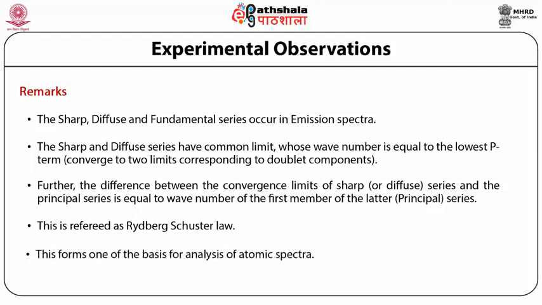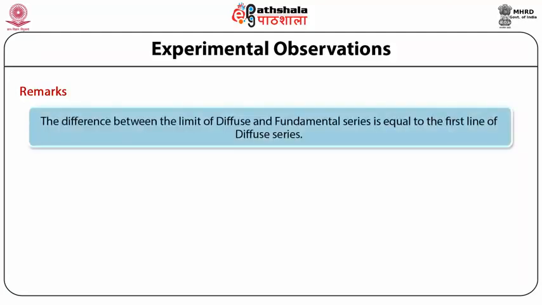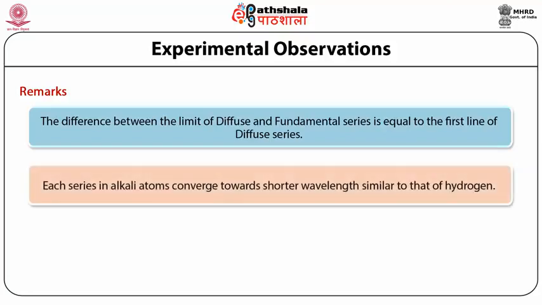This forms one of the bases for analysis of atomic spectra. The difference between the limit of the diffuse and fundamental series is equal to the first line of the diffuse series. Each series in alkali atoms converges towards shorter wavelength, similar to hydrogen.